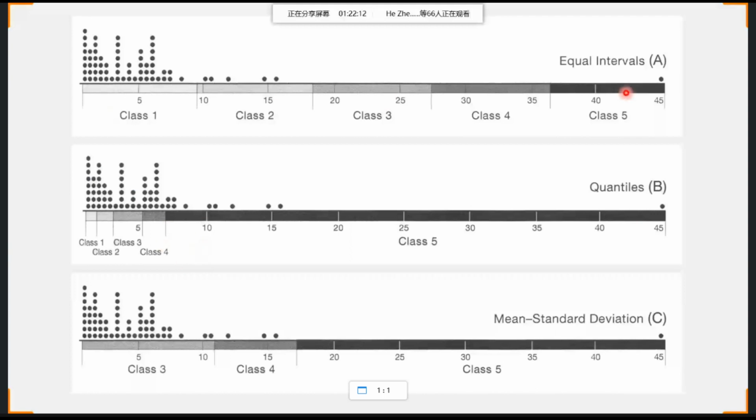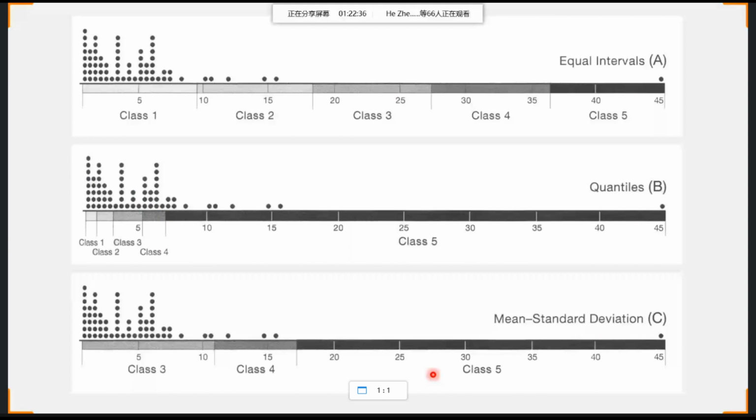Here you see, of course, equal interval. That's easy to understand. Then quantiles, about the same number of counties in each of the classes. Then the mean standard deviation. Here it doesn't work, so it would be a big mistake to apply this method for this kind of data.